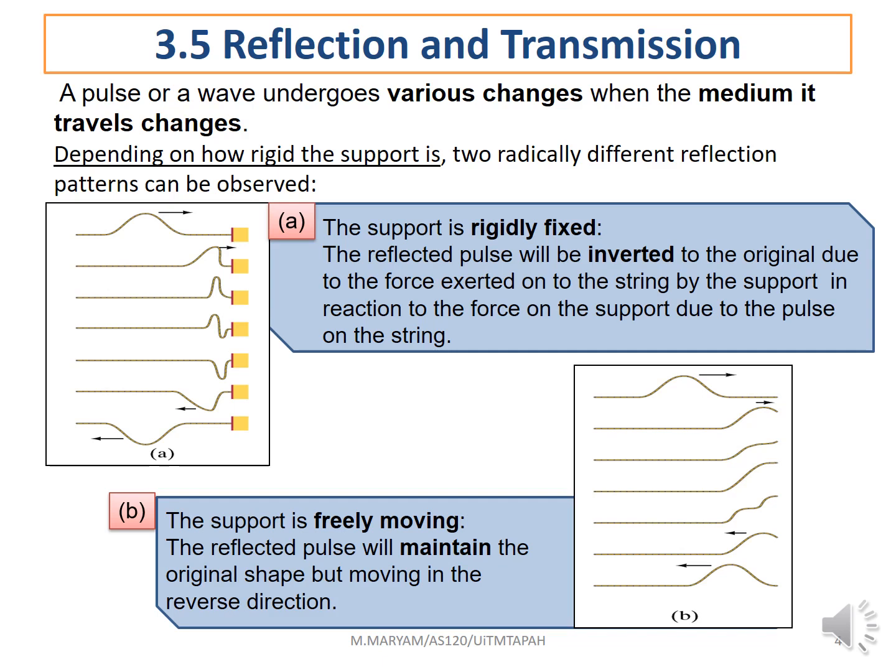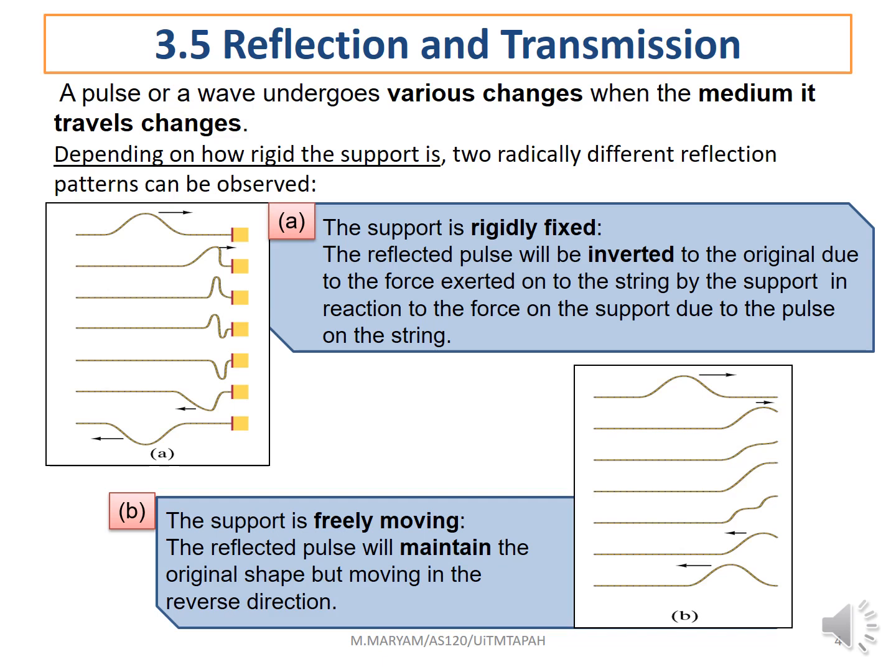So the reflected pulse will be inverted relative to the original, due to the force exerted on the string by the support in reaction to the force on the support due to the pulse on the string. Inverted and reflected back, as you can see here.